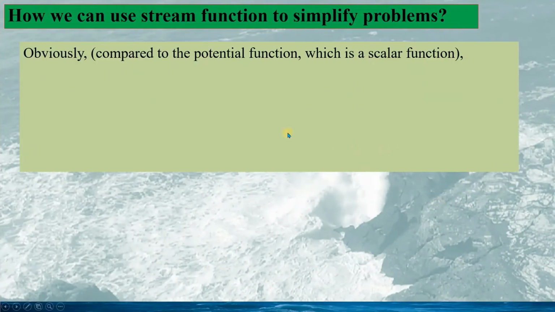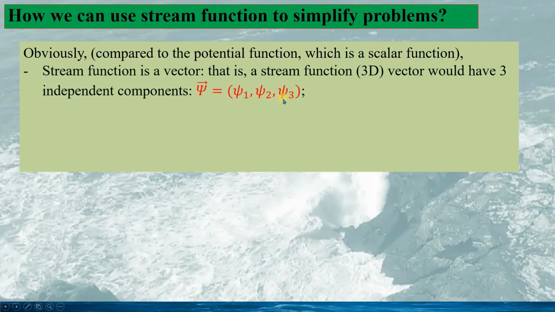Obviously, if we compare the stream function to the potential function, which is a scalar function, the stream function is a vector, that is, a stream function in 3D would have three independent components, psi 1, psi 2, and psi 3.